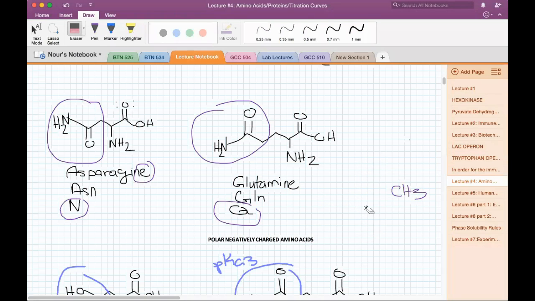Does anyone have any more guesses? Okay, give me a sec. This is an example. No, that's not an amine. An amine is different. It's an amide.